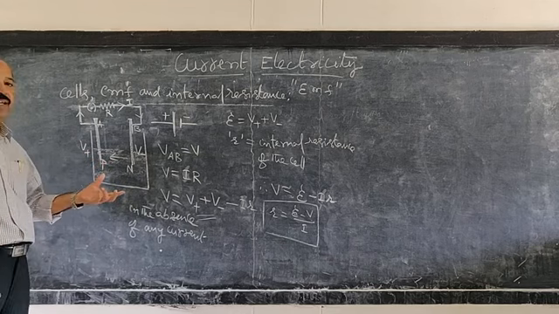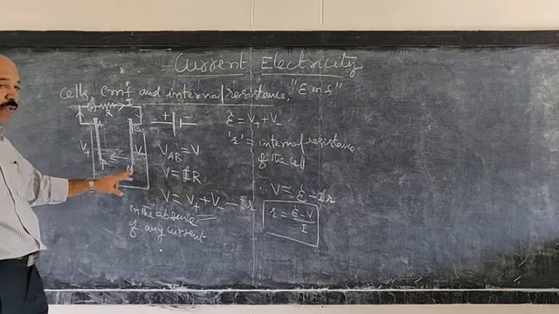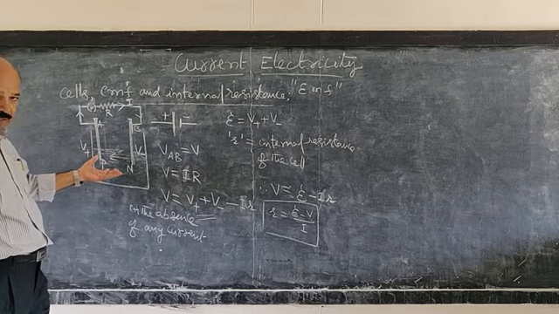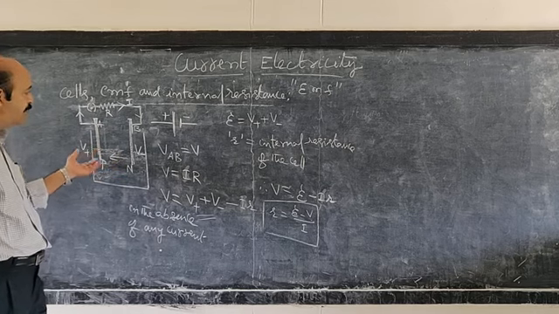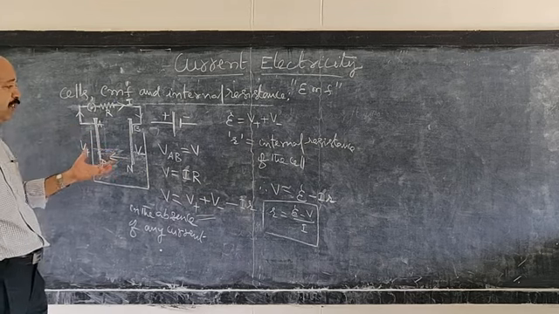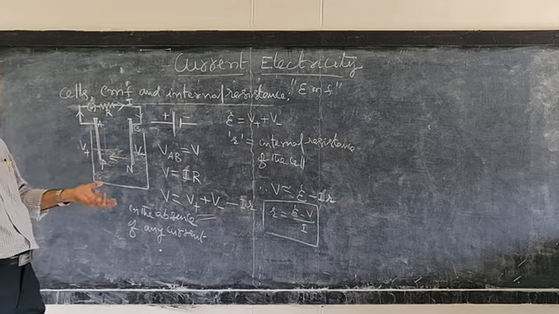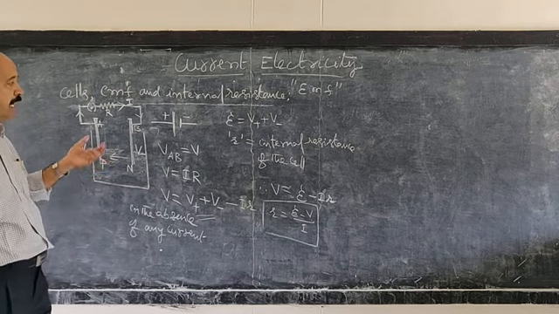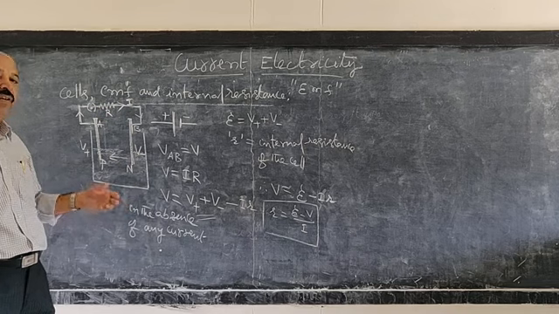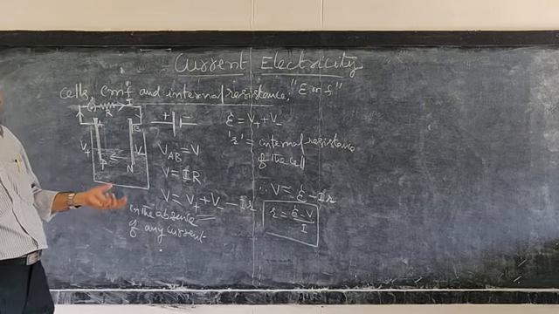So EMF is defined as the potential difference between the electrodes when the cell is open. This is actually the energy supplied per unit charge by the cell for continuous flow of the charge inside the closed circuit. Per unit charge, how much energy is supplied by the cell or battery. So EMF is actually the work done by the cell, or energy supplied by the cell, per unit charge.